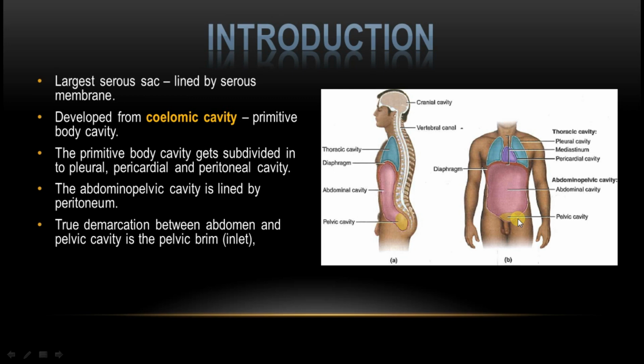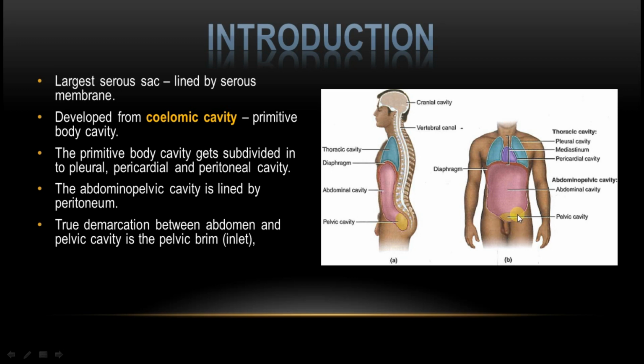Then you have the ilium, the sharp medial border of the ilium, forming the arcuate line. Then you have the pectineal line of the pubis, and then the upper border of the pubic symphysis. All this will form a circular line. Above that circular line will be the two iliac crests, and the iliac bone will be present.